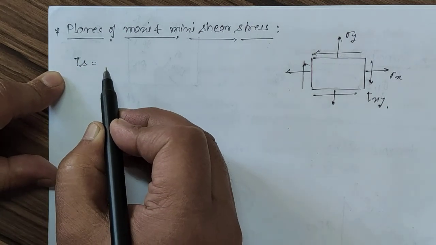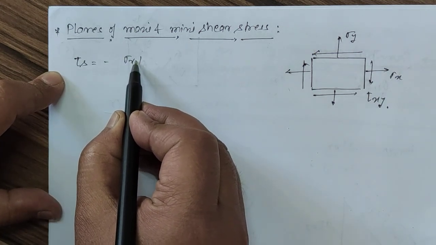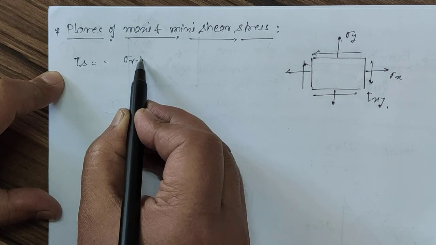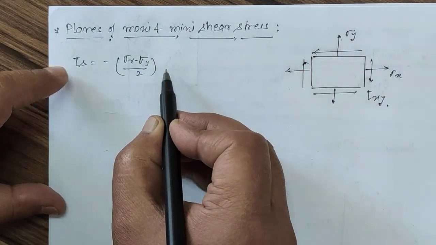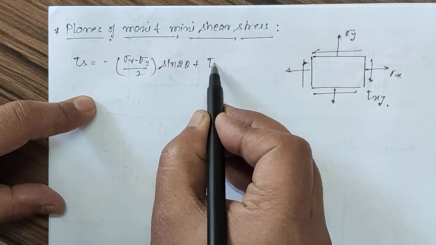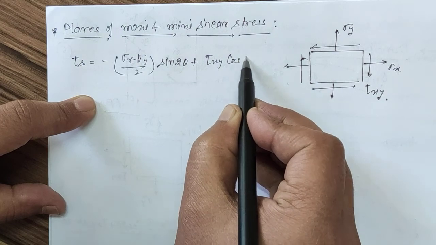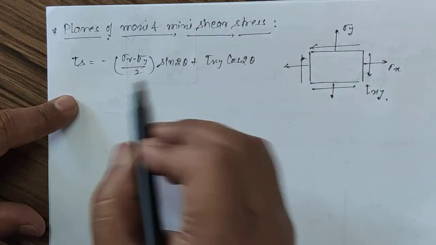Tau s is equal to minus (sigma x minus sigma y) by 2 sin 2 theta plus tau x y cos 2 theta. So this is the formula for the shear stress on a particular plane.